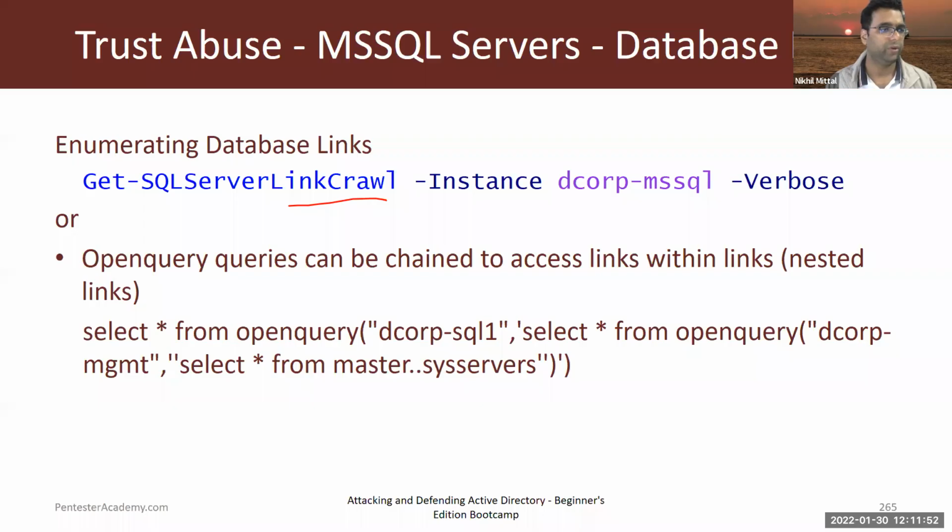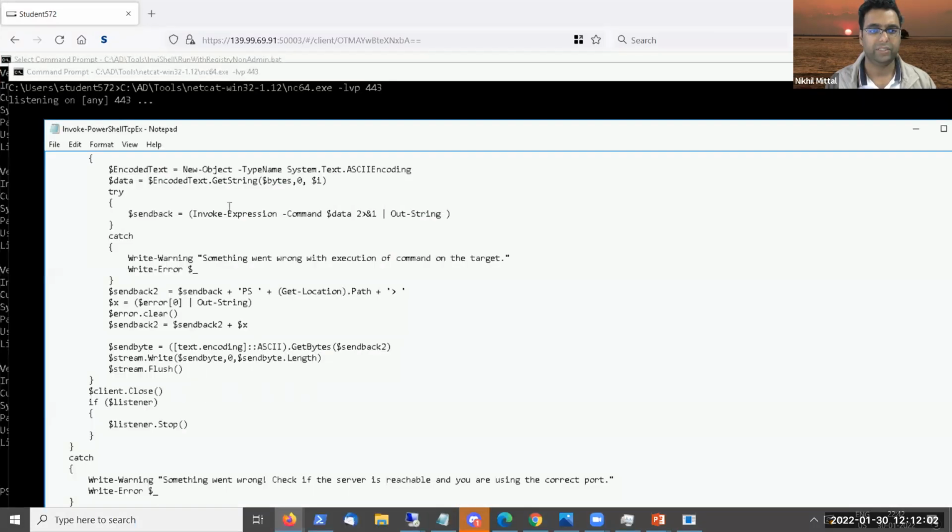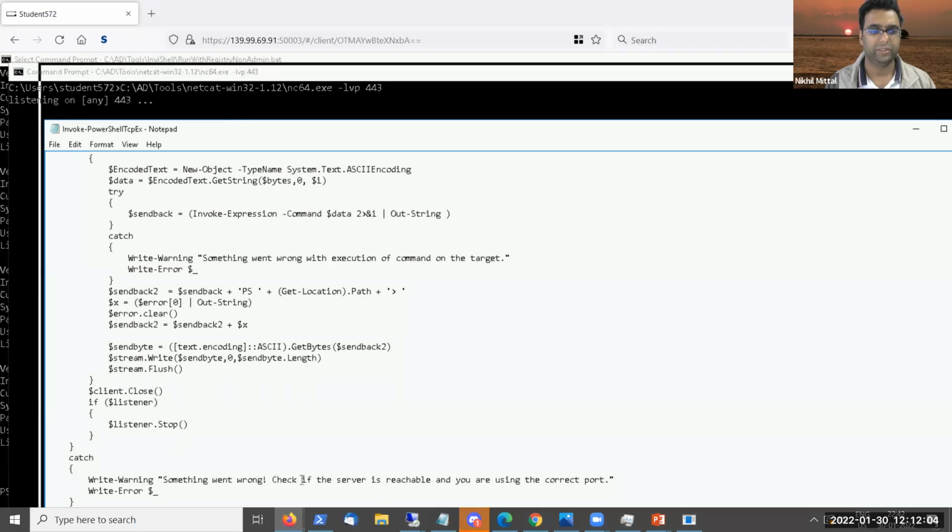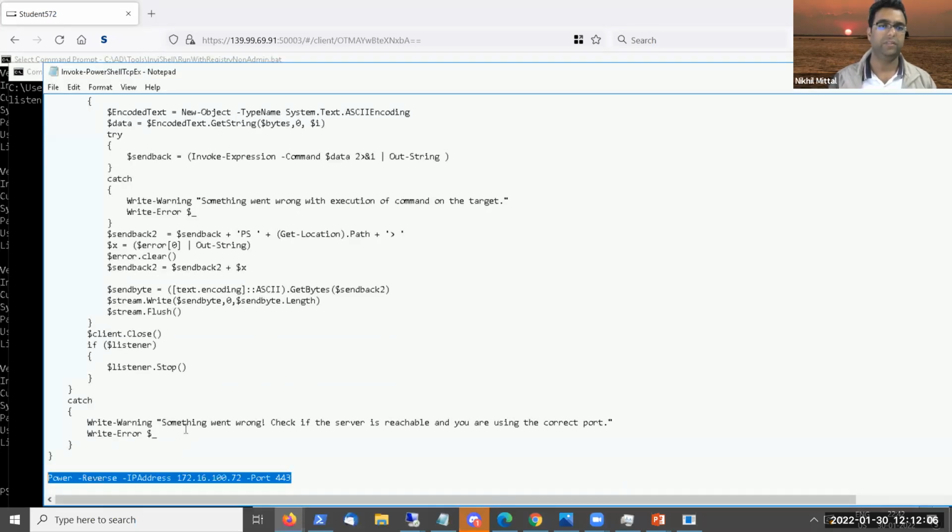So I have to move monitors for that. You see this function call here, right at the very end. That is the difference between Invoke-PowerShellTcp and Invoke-PowerShellTcpEx.